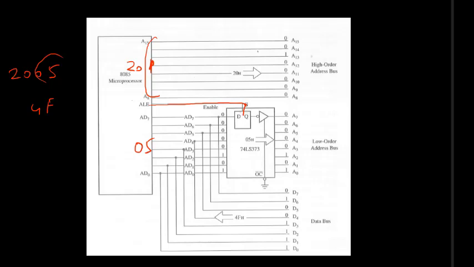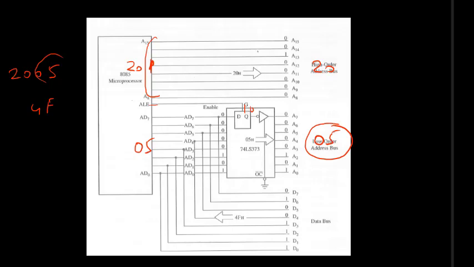As it becomes high, 20 of course we are getting here, there is nothing to stop it. And this 05, because the latch has become transparent, we are getting 05 here. After the first clock pulse, the microprocessor makes this signal low. So when it becomes low, the latch is not transparent, but it will hold this address.